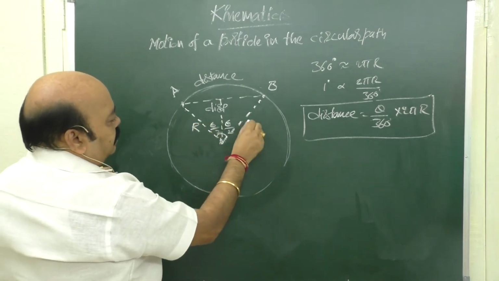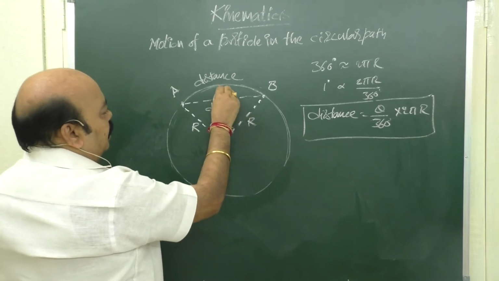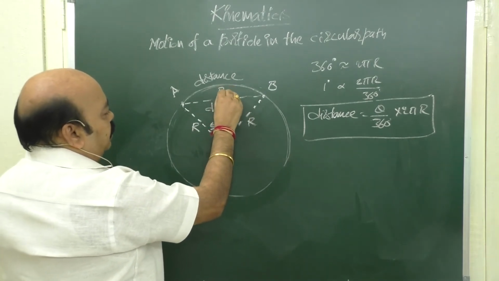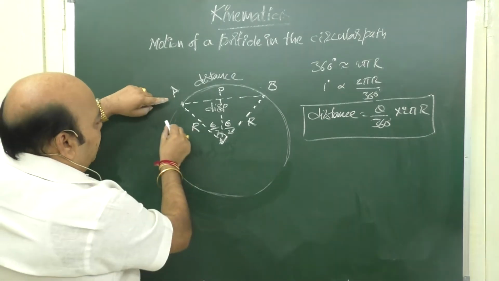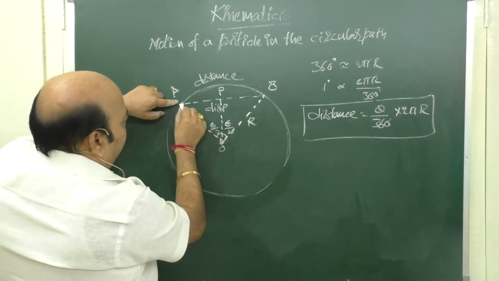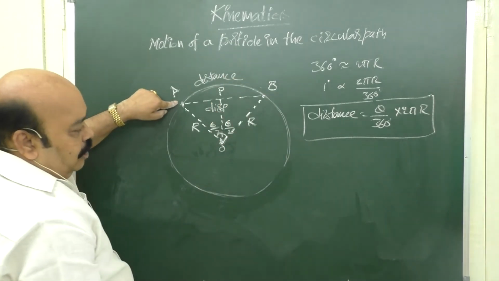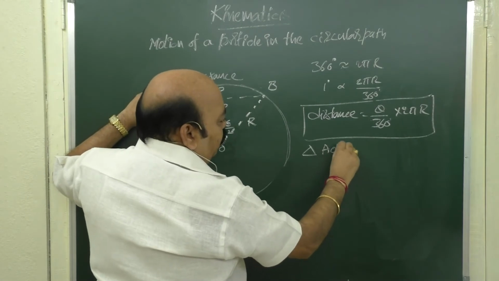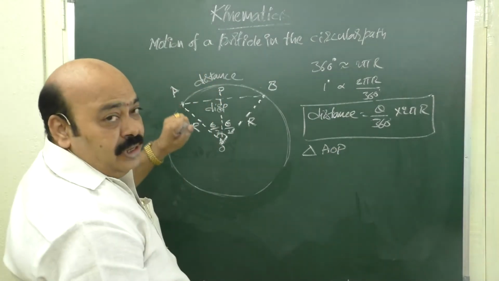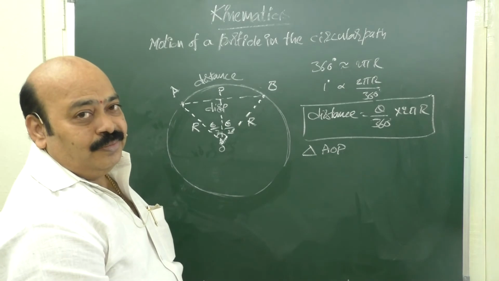This is radius and this is also radius. Let the angular bisector be P. From the triangle AOP, observe carefully, what is the sine value?